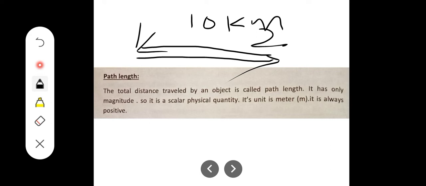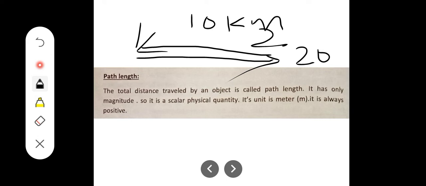The bus goes from city 1 to city 2 and returns back to city 1. What is the total path length? The total path length covered by the bus is 10 plus 10, that is 20 kilometers. That is what you call path length.